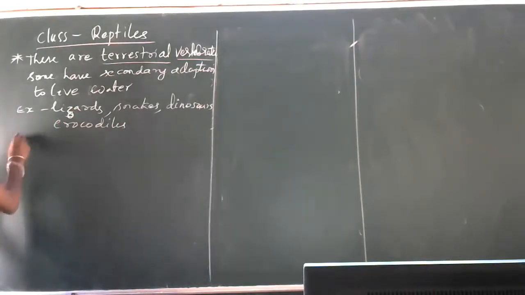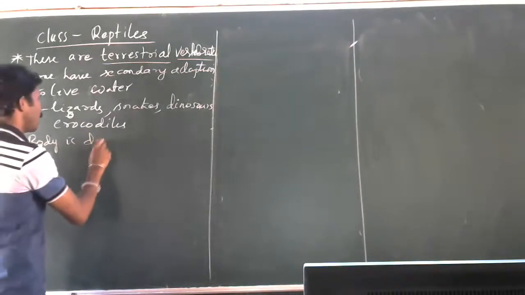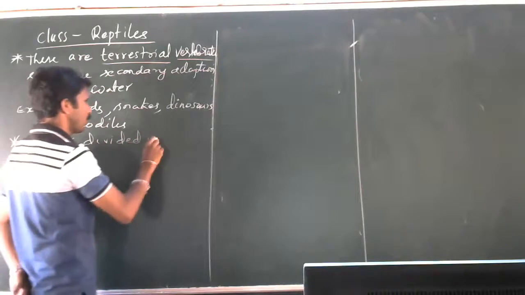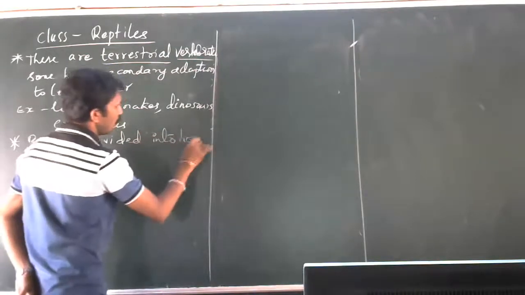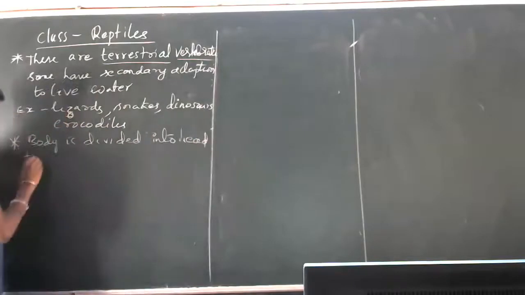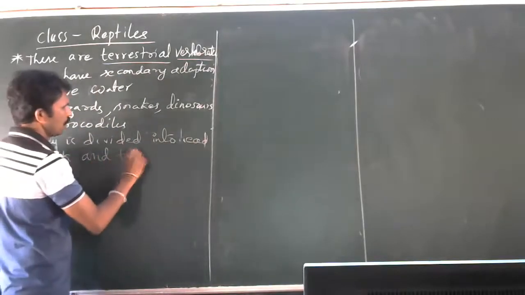The body is divided into head, trunk and tail. The tail is a common character.